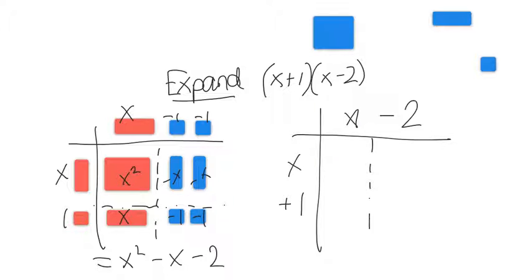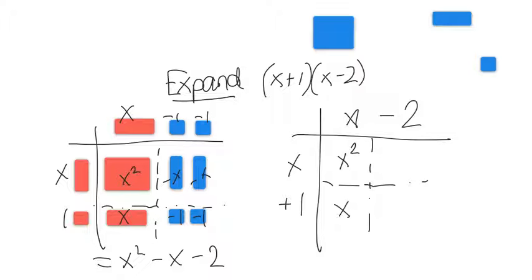I usually draw my lines exactly the same way, at least for the first few times I'm doing this. And so here, in the first square, I'm going to have x times x, which is x squared. Below that, I'm going to have x multiplied by 1, which is x, just x.